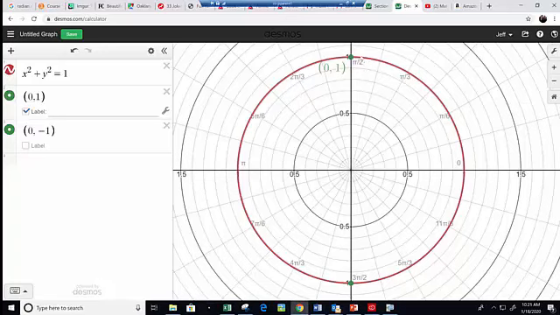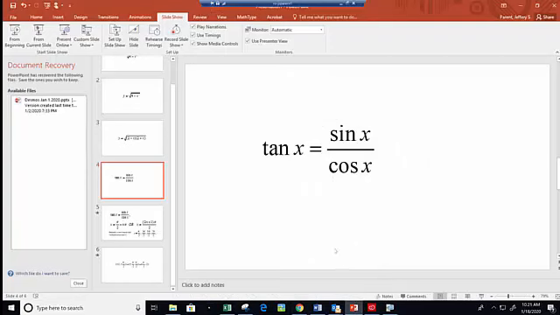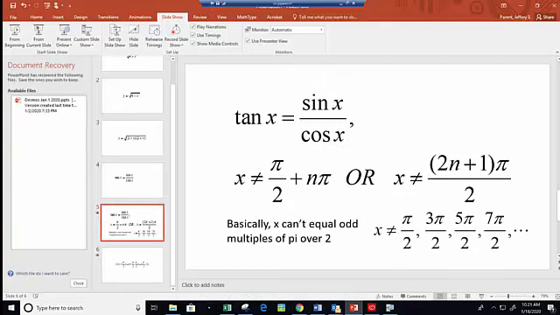Right up here at pi over 2, and down here at 3 pi over 2, the cosine is going to be equal to 0. In fact, if you keep on going around to 5 pi over 2 or to 7 pi over 2, you're going to find more and more places where that cosine function is 0, hence the tangent's undefined.